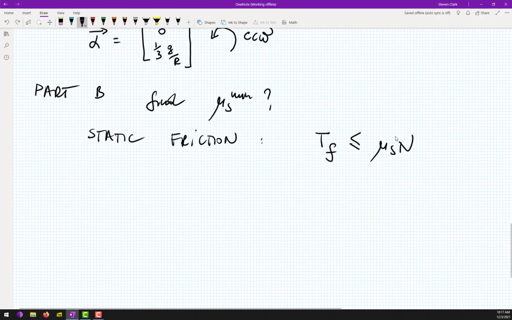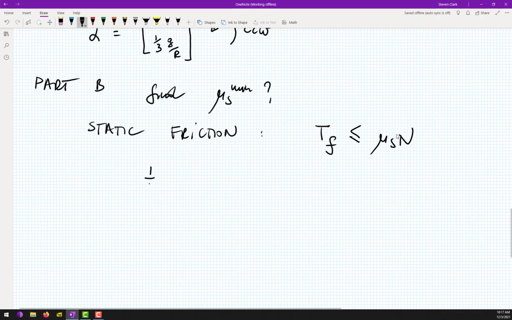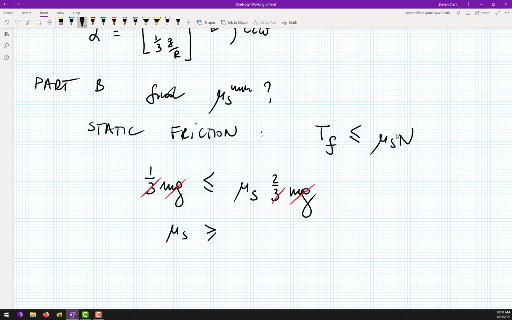So that means that 1/3 mg is lower or equal than mu(s) times 2/3 mg. And many things cancel out, yes? The 3s cancel out, mg cancels out, and we end up with this expression: mu(s) larger or equal 1/2.